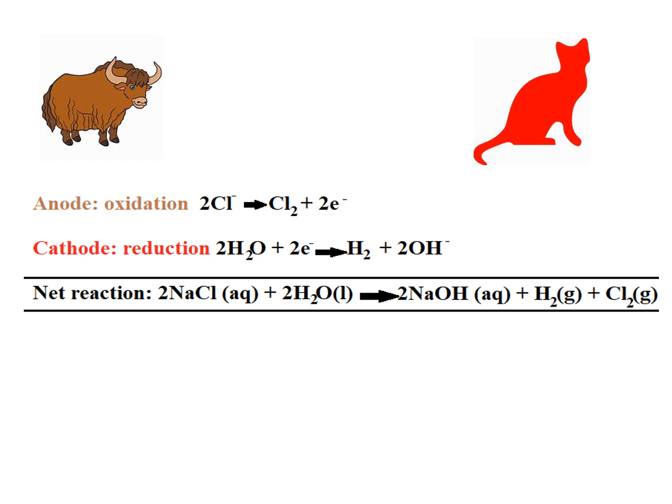The net reaction, therefore, will be 2 NaCl in aqueous solution plus 2 H2O, arrow, 2 NaOH in aqueous solution plus H2 gas plus Cl2 gas. Please know these balanced equations well.